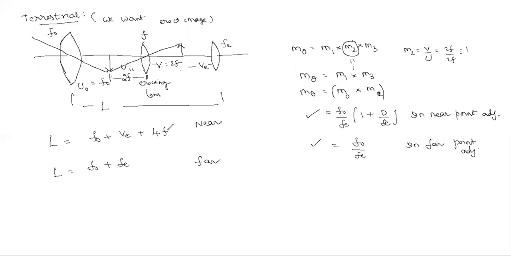Extra, here you are getting plus 4F. Here also you will get plus 4F. This is the difference we find between the terrestrial telescope and the astronomical telescope.